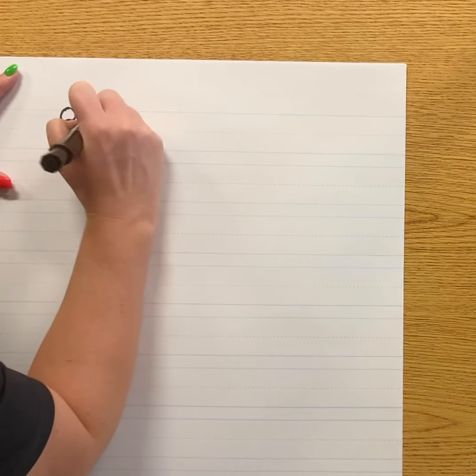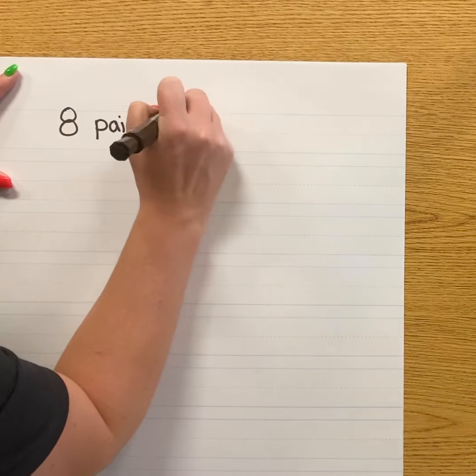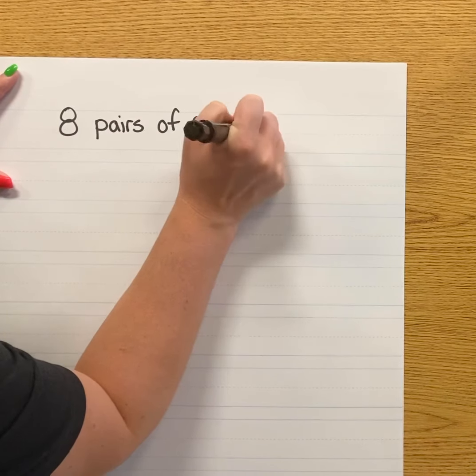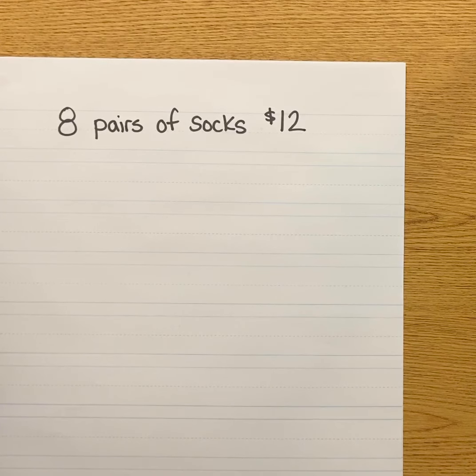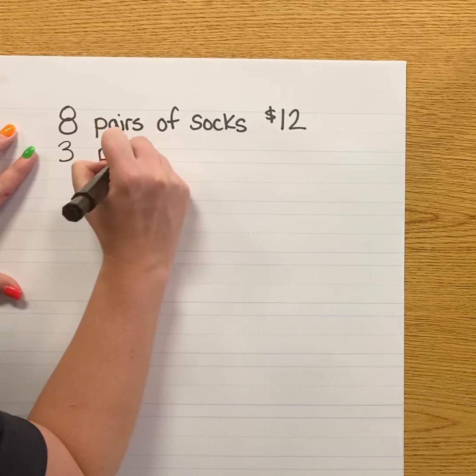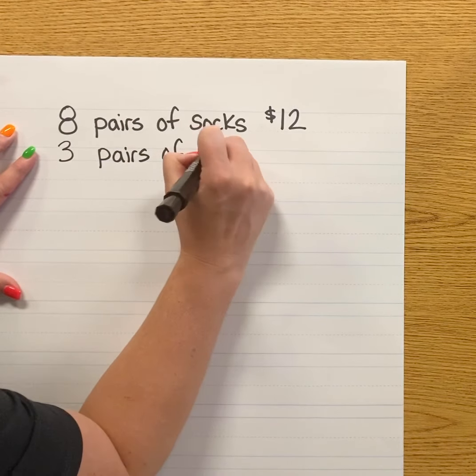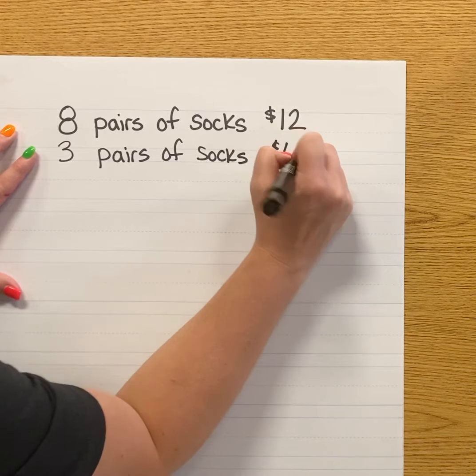Okay, so I want to buy 8 pairs of socks for $12, or is 3 pairs for $6 a better deal?